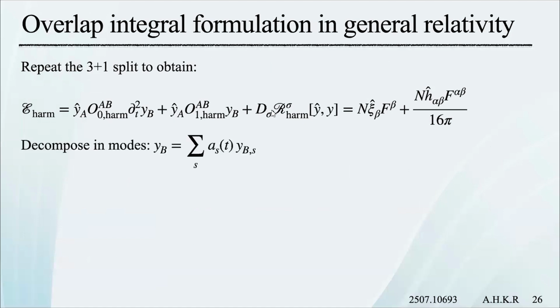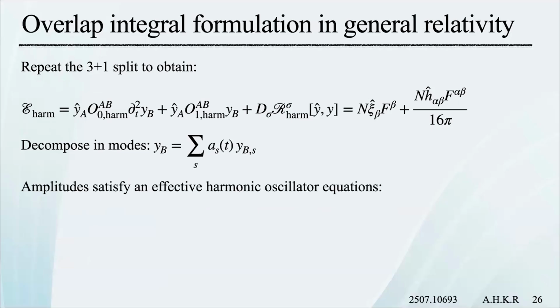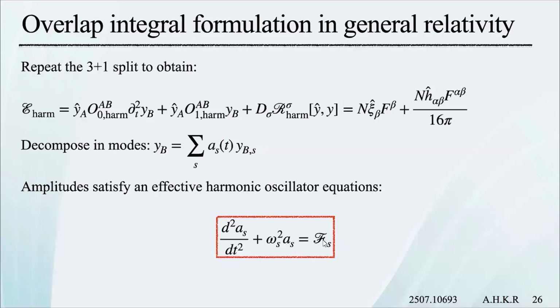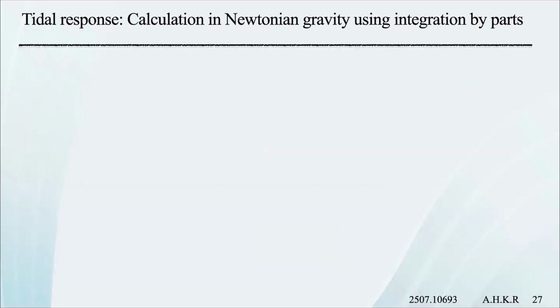And then you decompose the solution in terms of modes, take the inner product, repeat the same things you did in Newtonian gravity, and the result in the end is that the mode amplitudes A_S satisfy an effective harmonic oscillator equation. F_S here is a relativistic force, so it has all these contributions, and it's quite a complicated expression. But in the end, with the conservative dynamical or the post-Newtonian boundary conditions, the modes are complete and they satisfy harmonic oscillator equations.